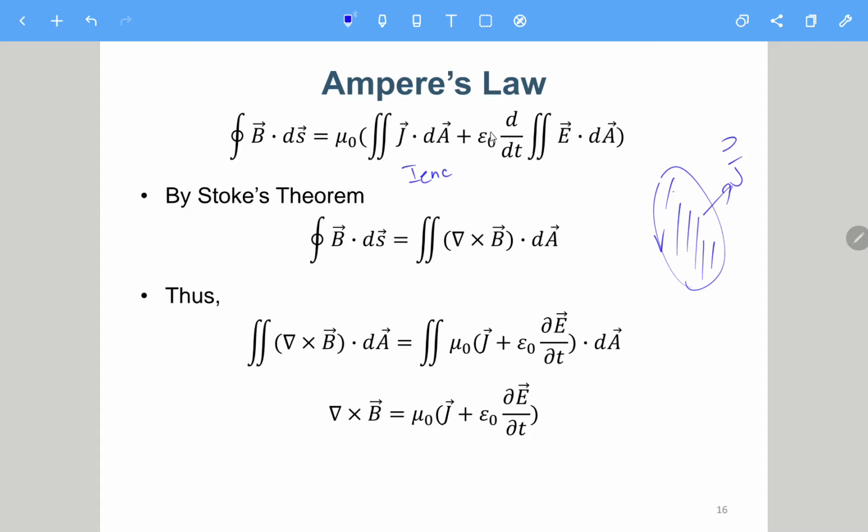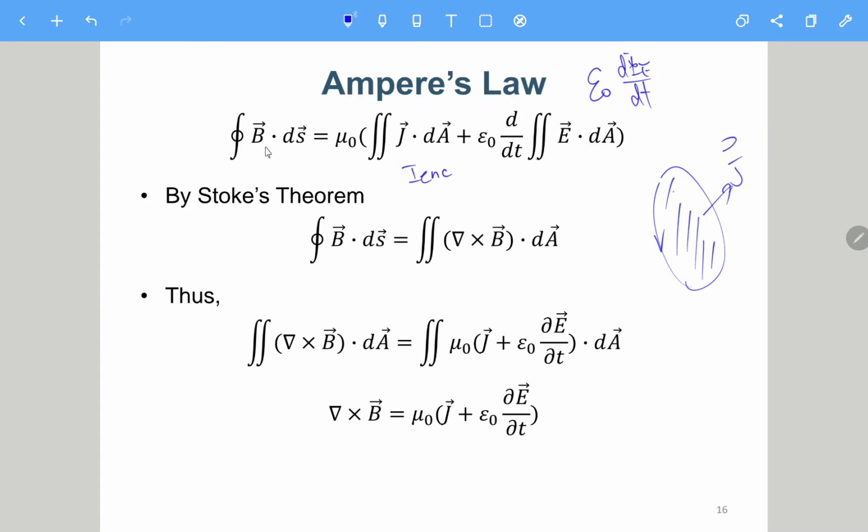And then this is the displacement current, originally epsilon naught d phi_E dt. Similarly, we express phi_E as a double integral, so we have epsilon naught d dt of the double integral of the E field.